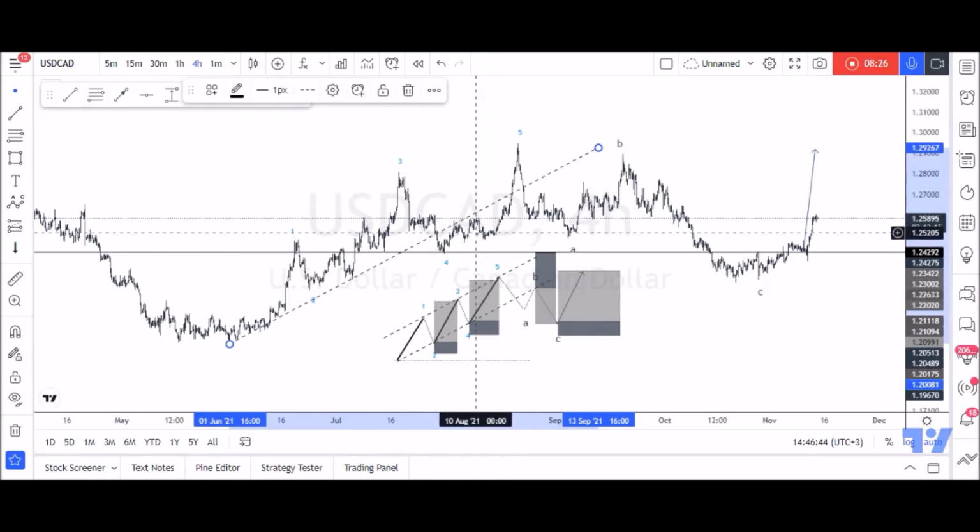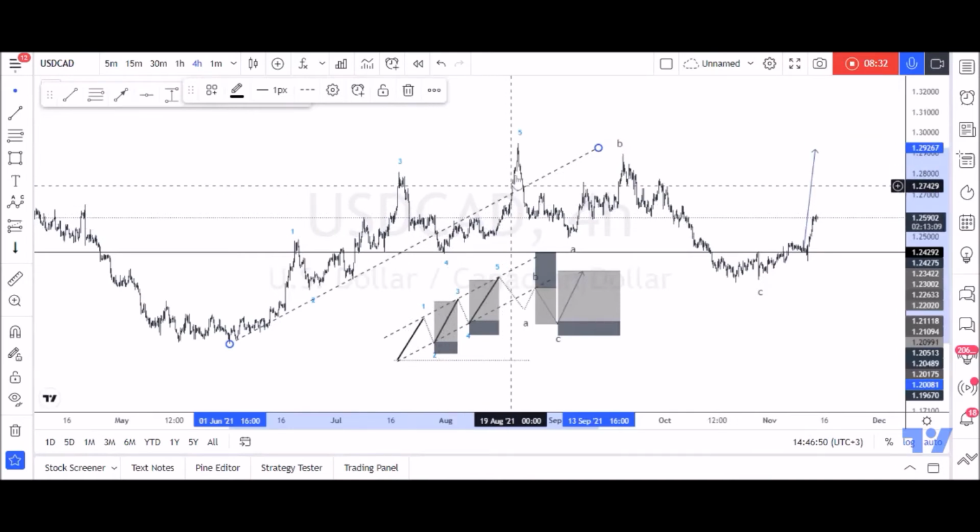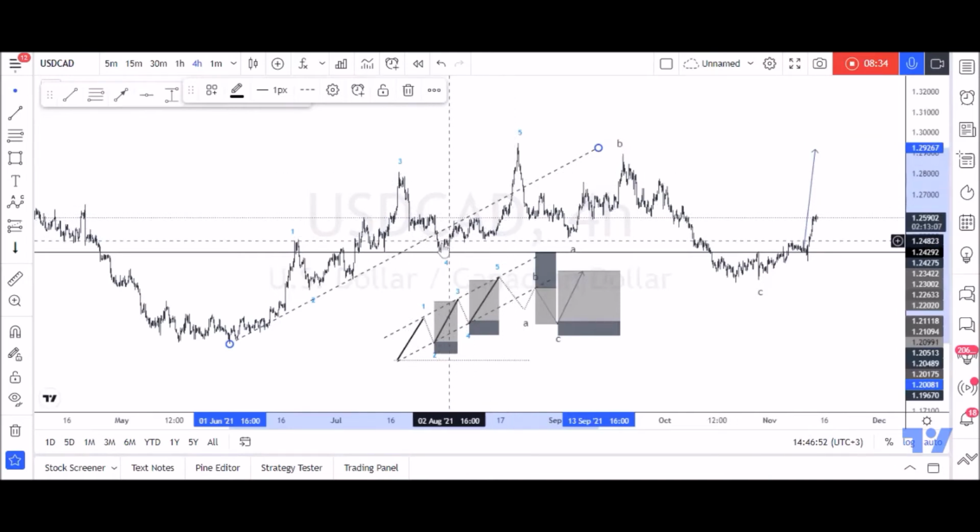So with the knowledge of the market structure, that the market moves in 5 waves, you are going to understand that we are still waiting for the fifth wave, and so you are not going to enter any sell from this level because you have not yet seen the fifth wave.